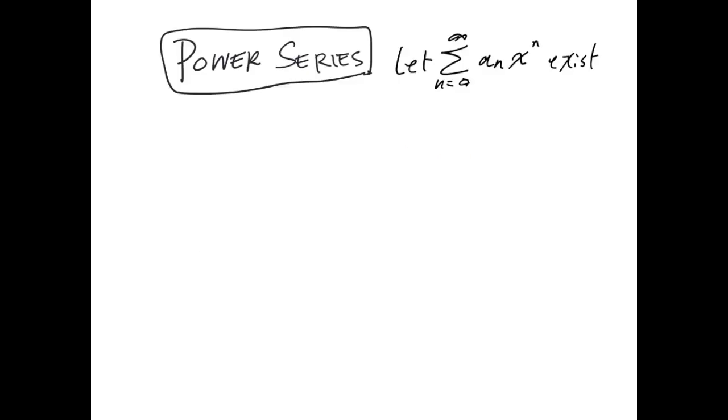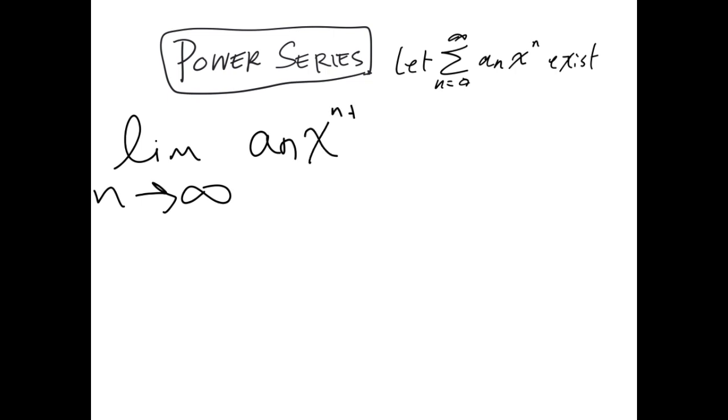Power series are when we start considering the x values that would make this converge and what range of x values we have. So if I am looking at this here, I'm going to use my pen. The limit as n goes to infinity of a n plus 1 x to the n plus 1 over a n x to the n.